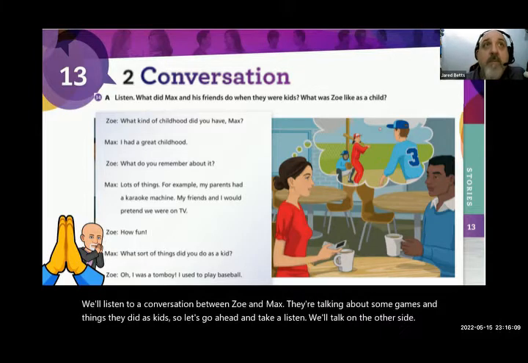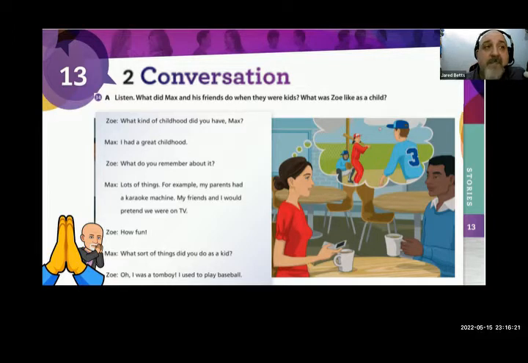Lesson 13. I used to play hopscotch. Page 32. Conversation. A. Listen. What did Max and his friends do when they were kids? What was Zoe like as a child? What kind of childhood did you have, Max? I had a great childhood.